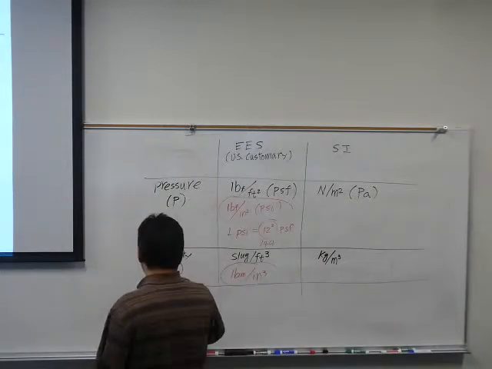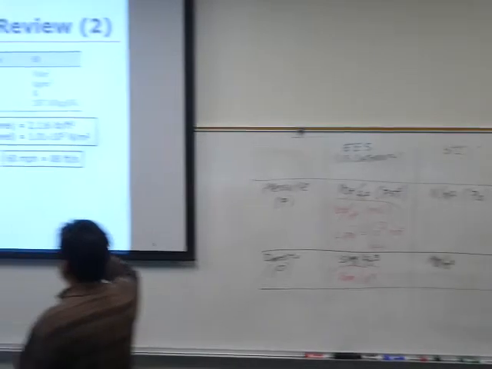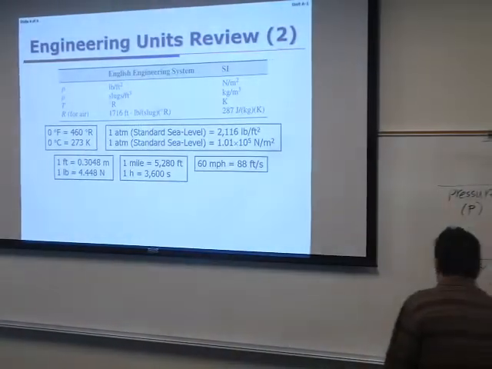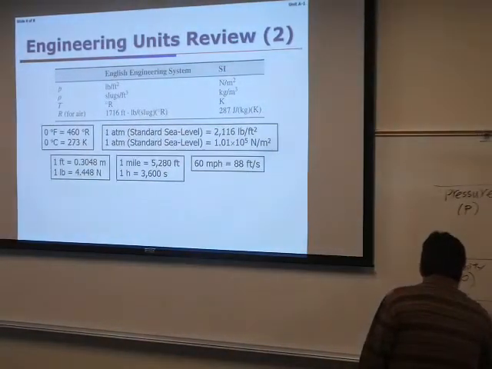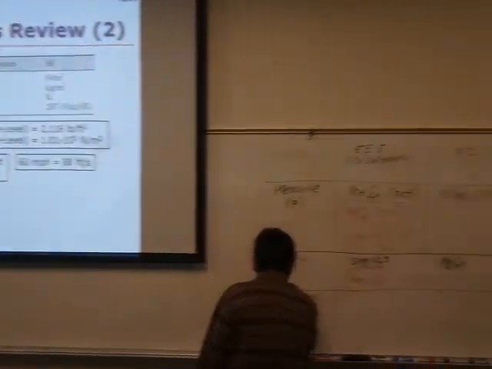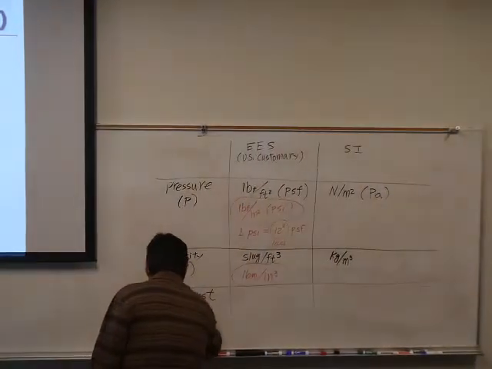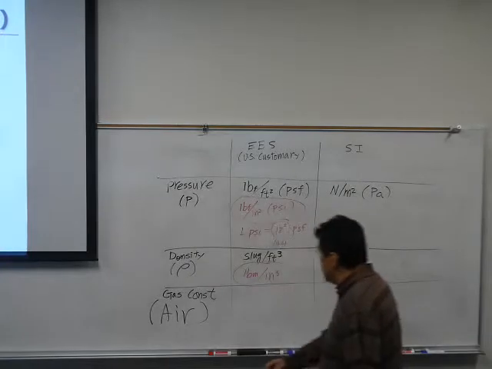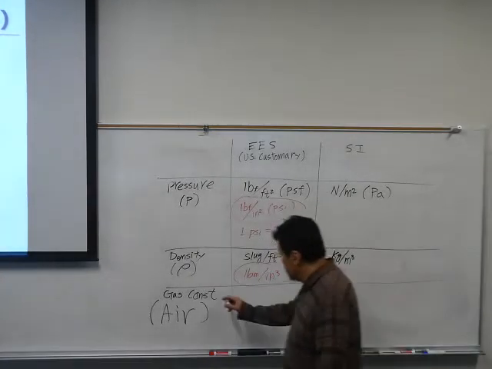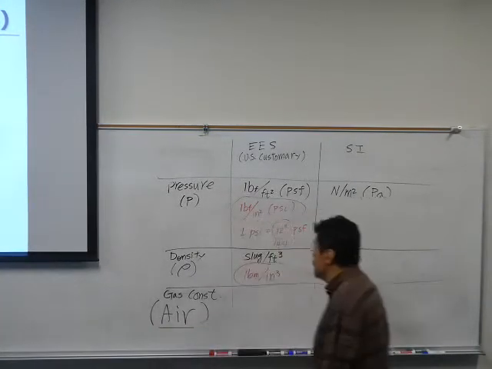Pressure, density, temperature. Temperature is, of course, Rankine or Kelvin. Gas constant. This is aerodynamics, so we are pretty much only going to use the gas constant of standard air. Okay.